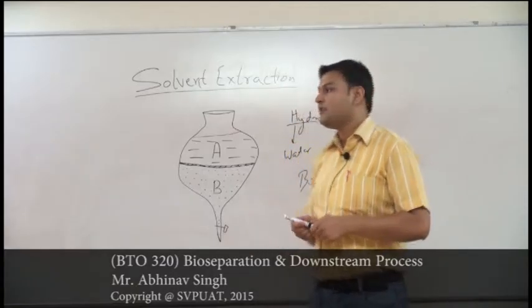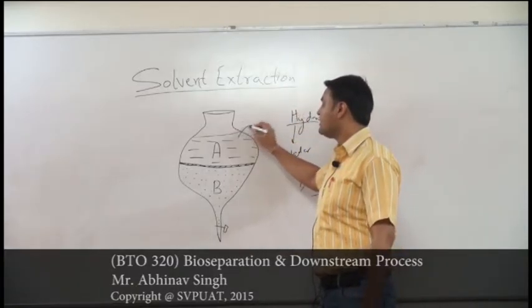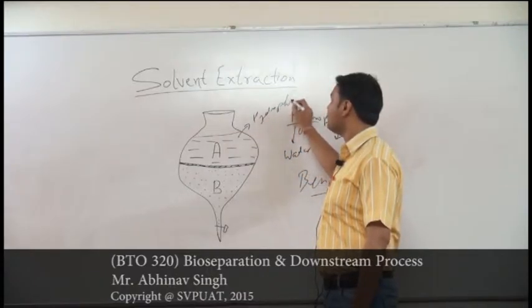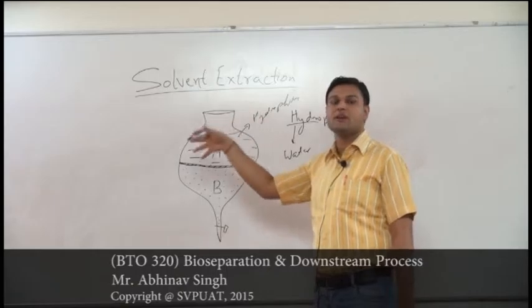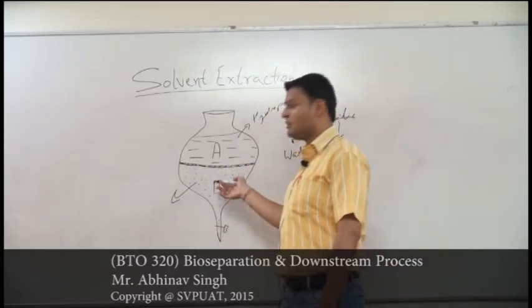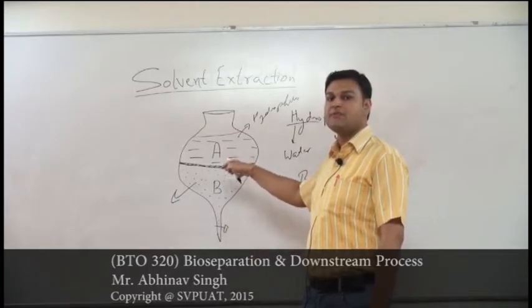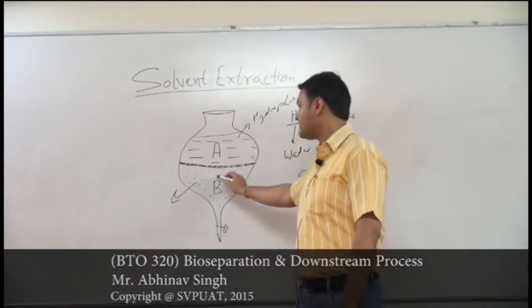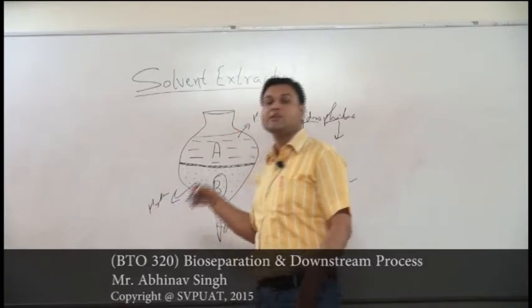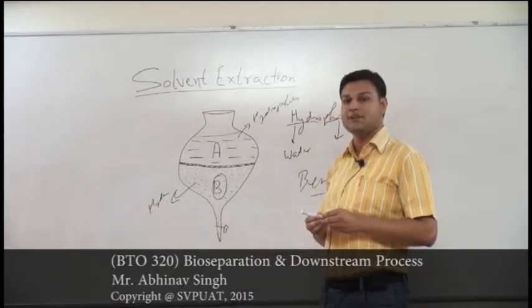What will happen? Let's say that product A is hydrophilic, meaning it will dissolve in all the polar kinds of solvents, whereas the solution that we are using, like this B1, is hydrophobic. It will dissolve all the non-polar kinds of materials into itself.